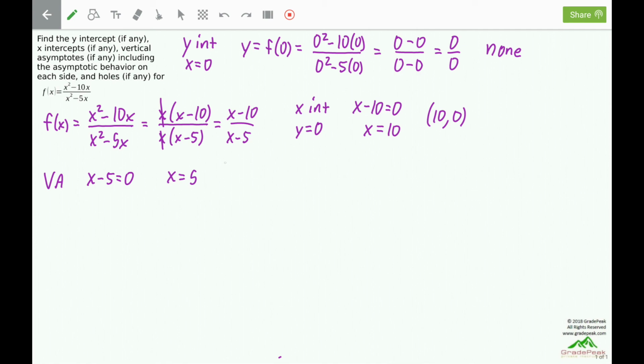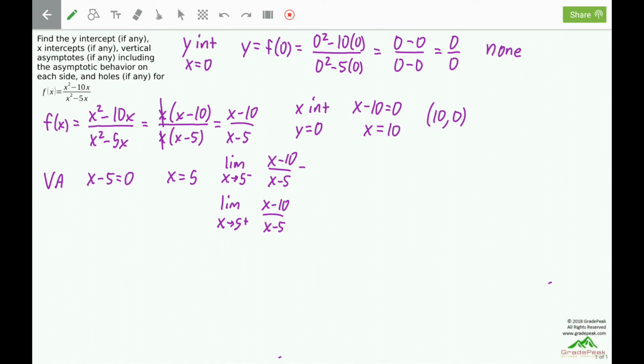We can now analyze the asymptotic behavior on each side by taking the left-sided limit, indicated by the negative superscript on the 5, of the factored version, and the right-sided limit, indicated by the positive superscript on the 5, again in the factored version.